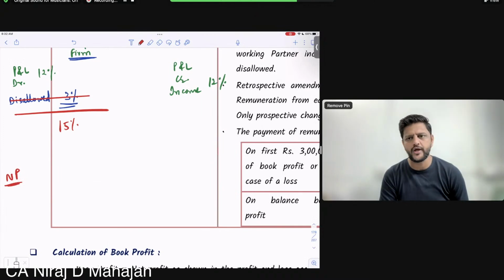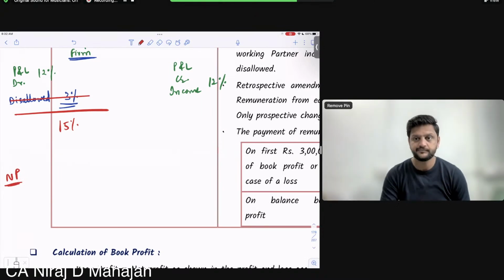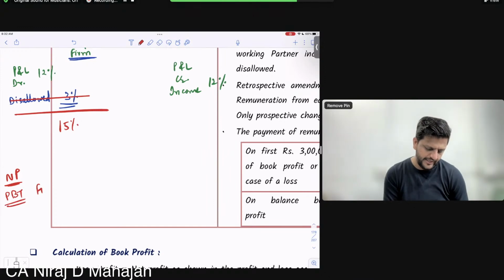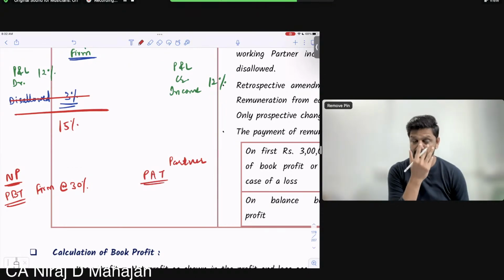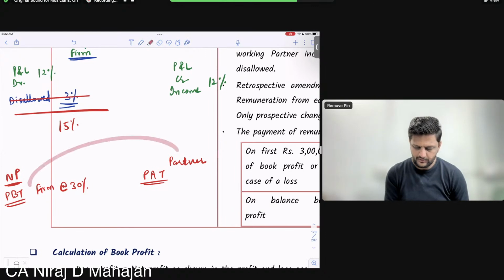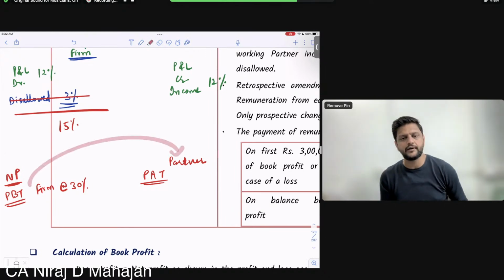Net profit of the firm, where will it be taxed? Profit before tax will be taxed first in the hands of the firm at the rate of 30%, etc. And then the partner is going to get profit, but profit after tax. So when the firm pays to the partner, it will be again taxed in the hands of the partner now.